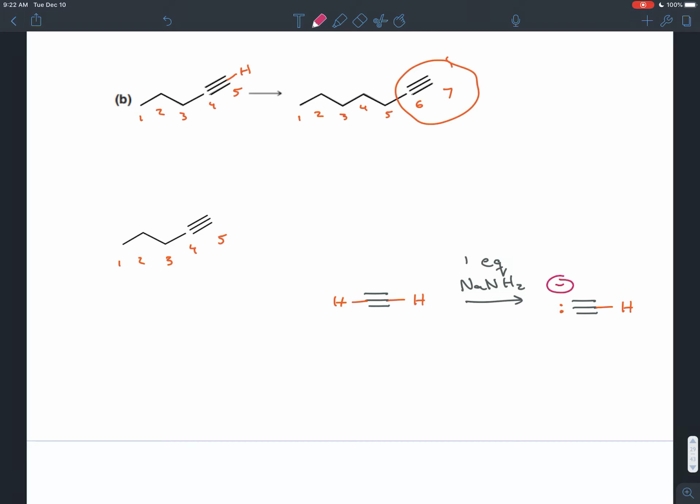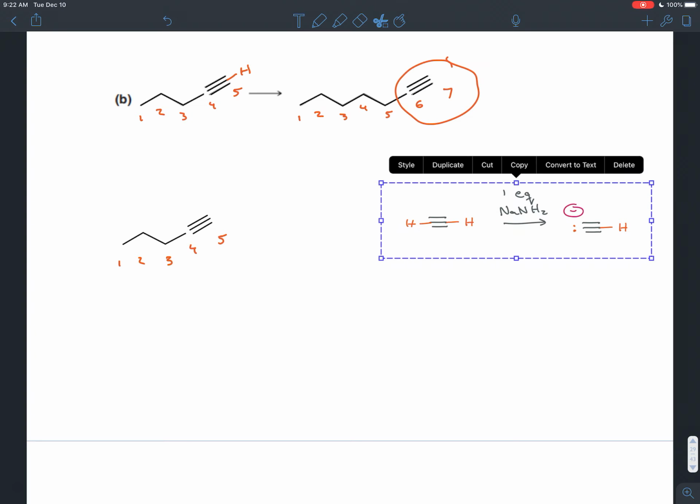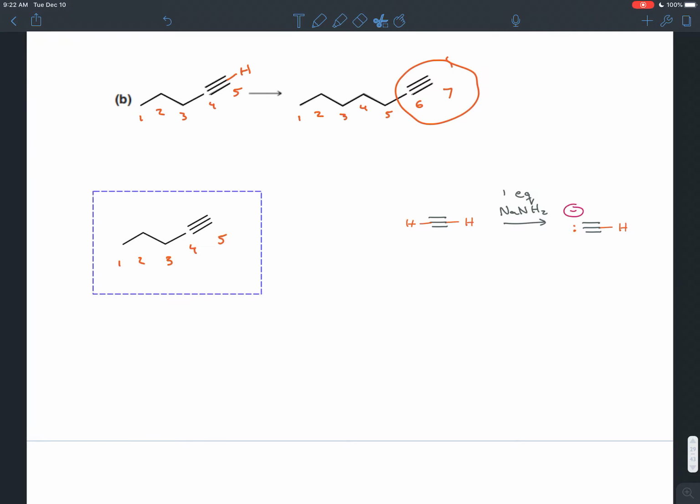And all that would need is a leaving group on carbon number 5 to attack. Okay, so how can we turn this into an alkyl halide?